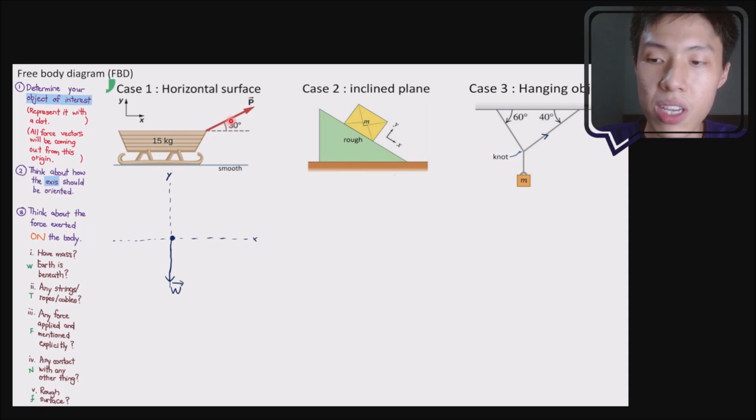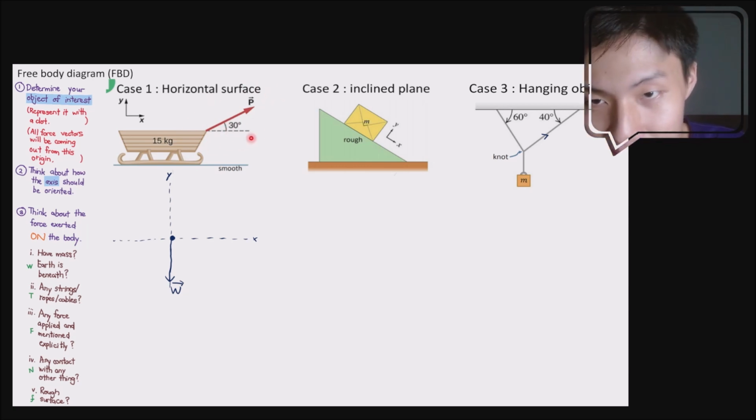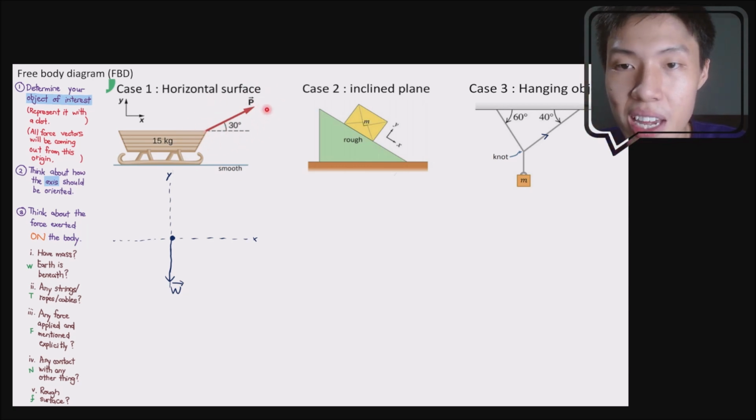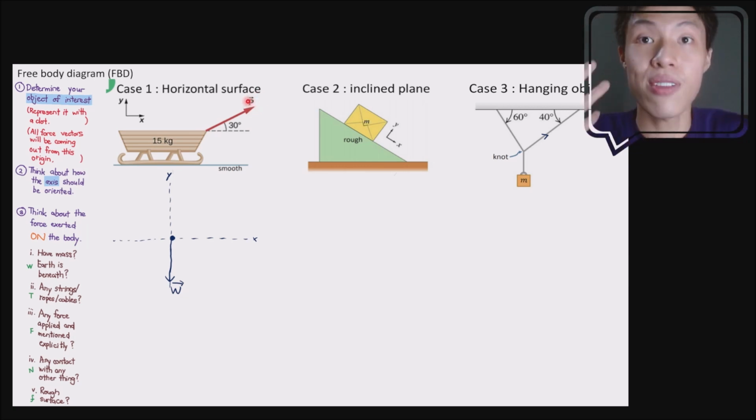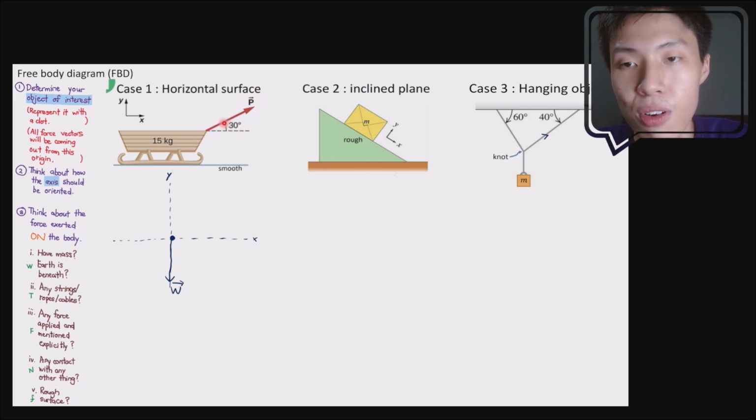Third question will be, is there any force being applied or being mentioned explicitly? Well, there is. They even label it using a big fat red arrow over here, and they label it with the name P. So they give this force a special name, P, and they say this force is at angle 30 degrees above the horizontal or above the ground.